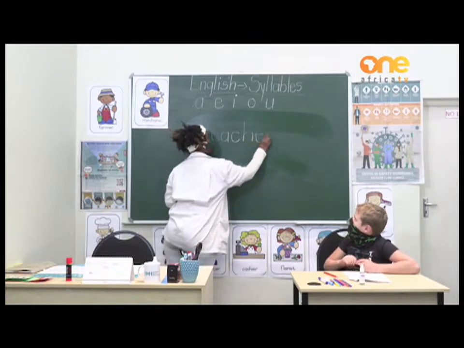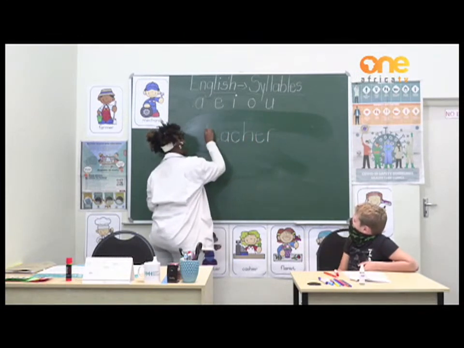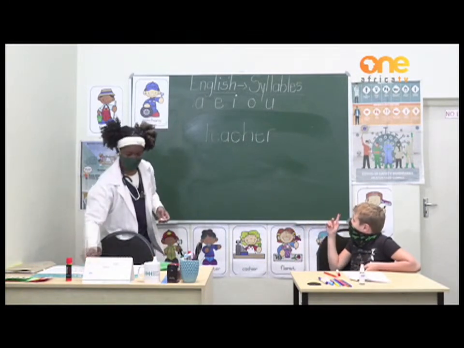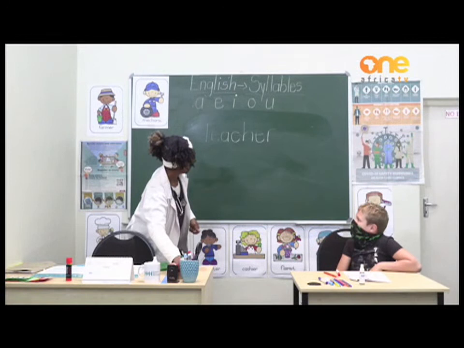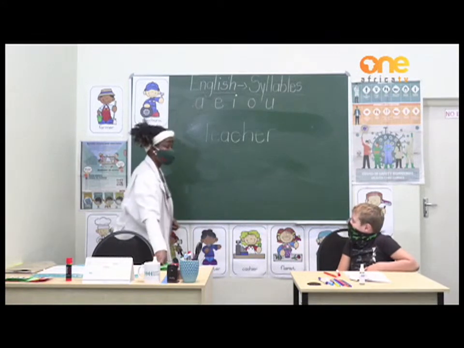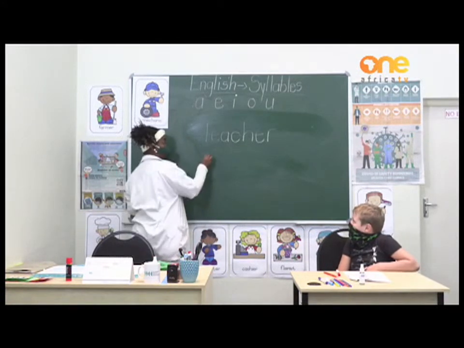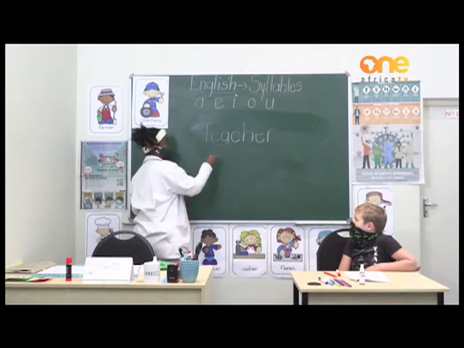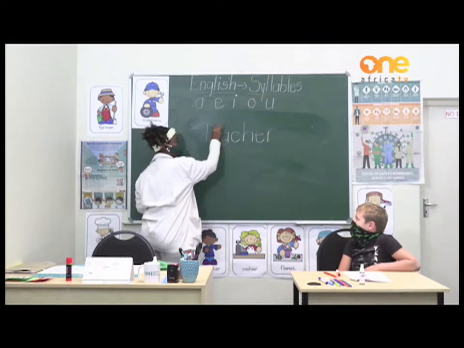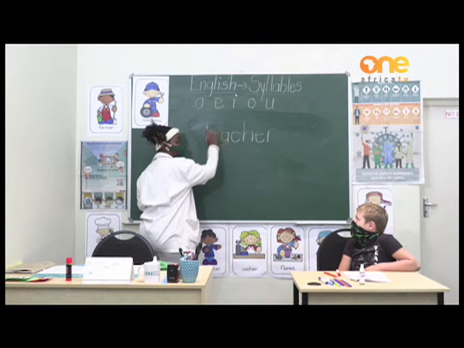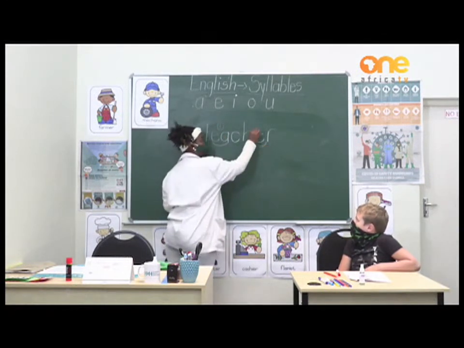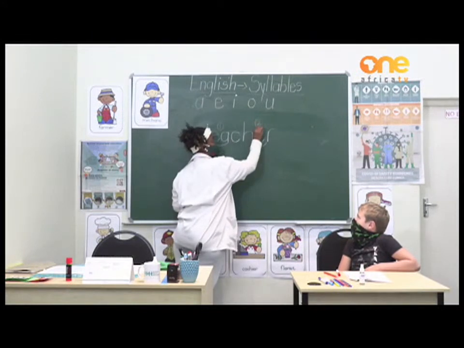Okay, now how about this one here? How many vowel sounds do you see? Three. There are three vowel sounds, but remember, when we have vowel sounds standing next to each other here, it only gives one sound. So we can say these two vowels give one sound, and another one will be a second sound, a second vowel.